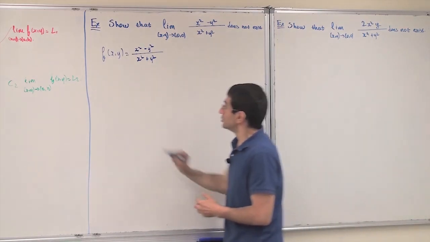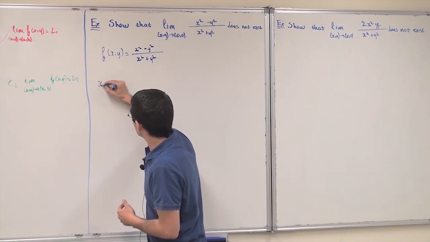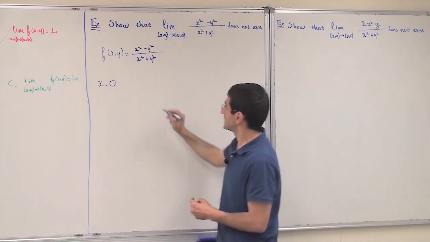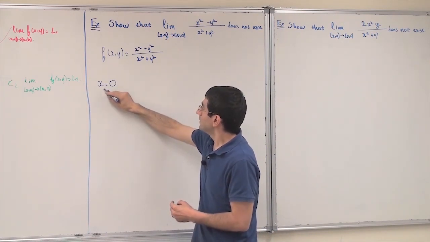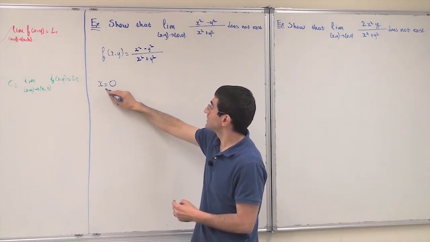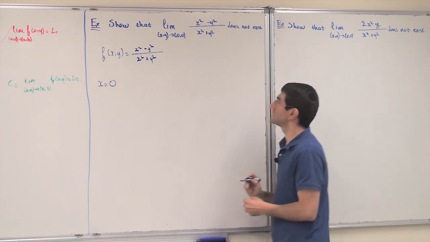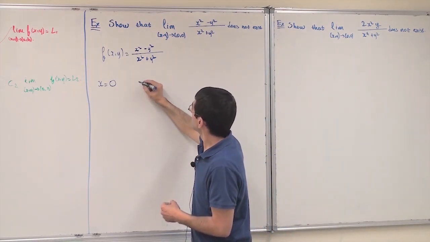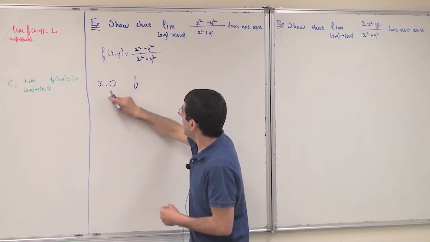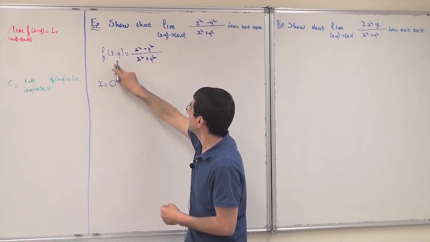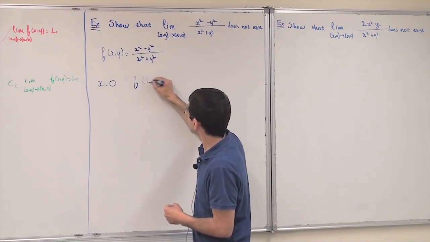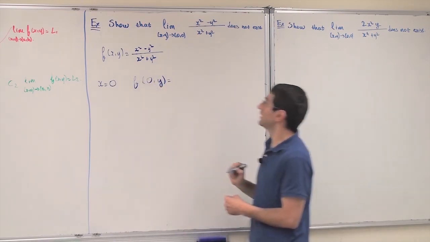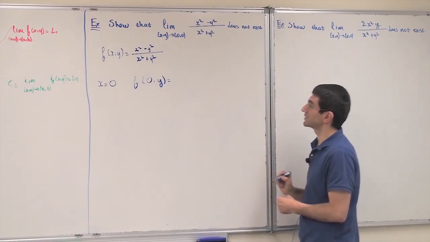So you should start with paths that are simple. One of the simplest paths which pass through the point (0, 0) is x equals 0. So I substitute this path in my function, which means that I set x equal to 0.